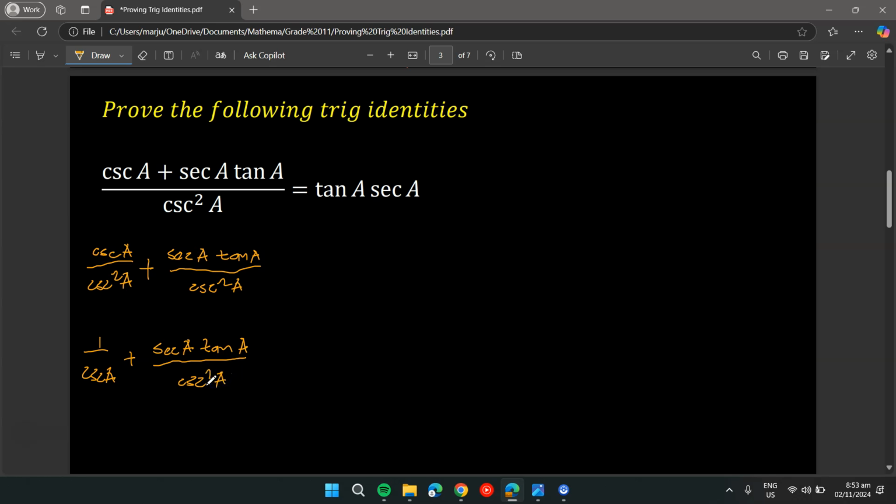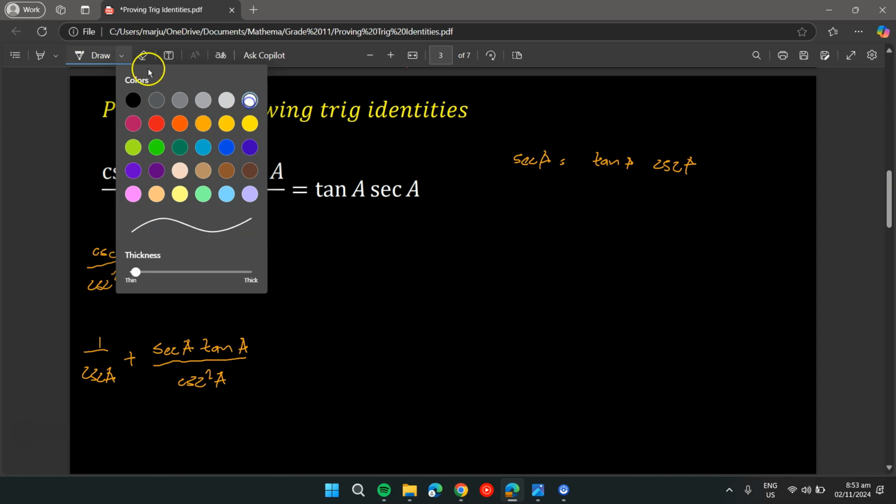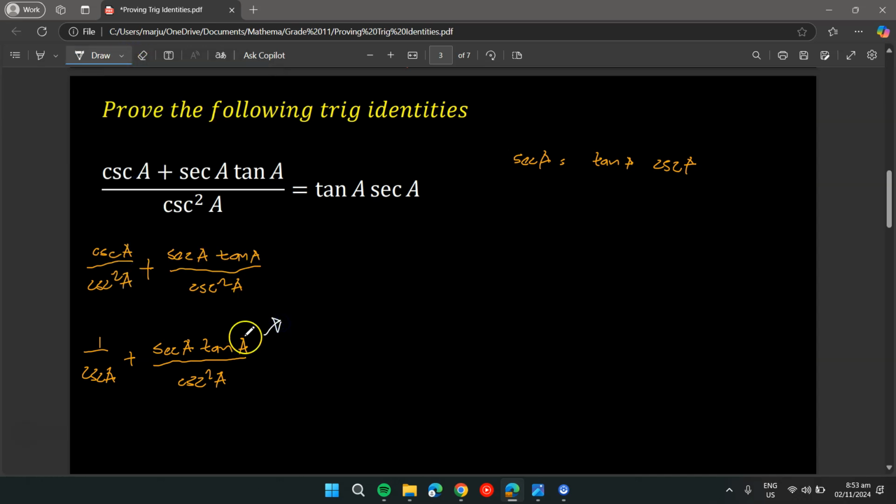Now, using my product identity, I know that secant of a is just equal to tangent of a times cosecant of a. So let me just do that. I am just doing the numerator.